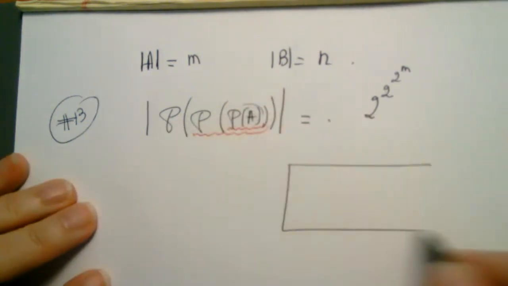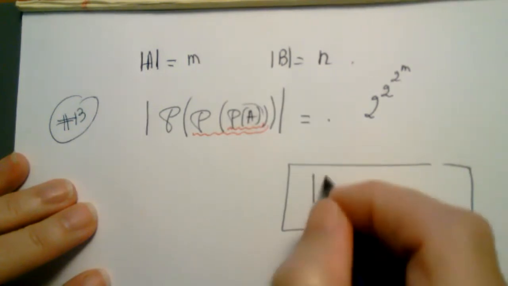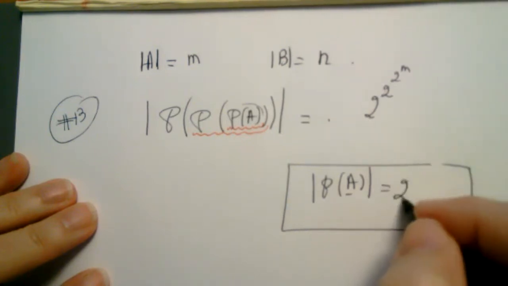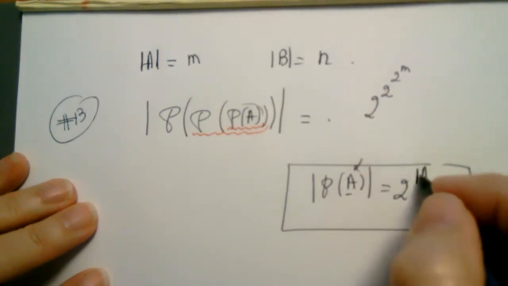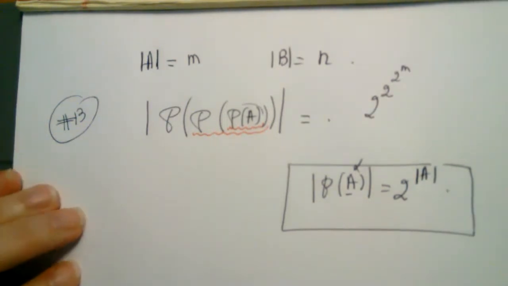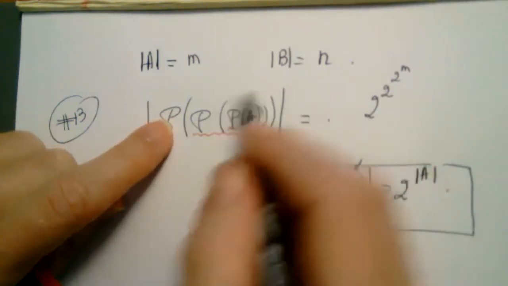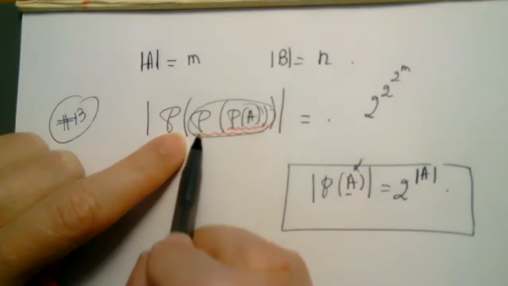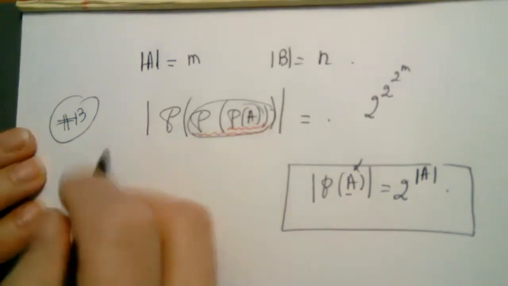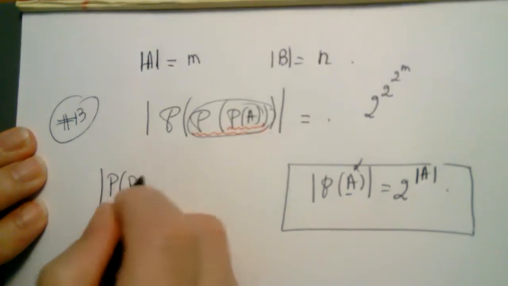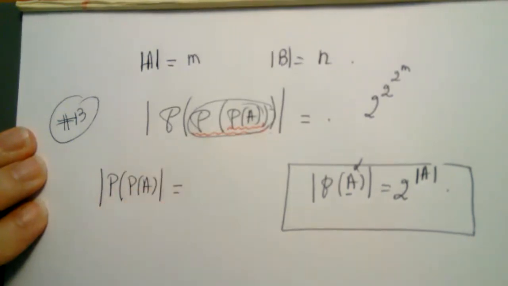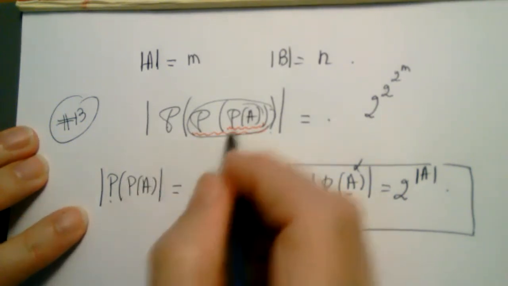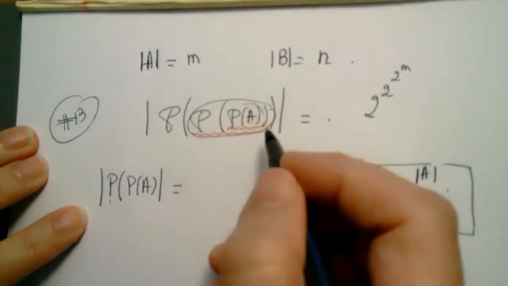First, let us remember that the cardinality of the power set of A, where A is anything, is 2 to the power the cardinality of A. So if I want to find the cardinality of this whole thing, I need the cardinality of the power set of A first. A is a set, and the power set of A is another set.